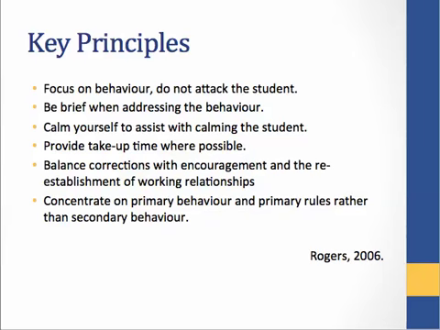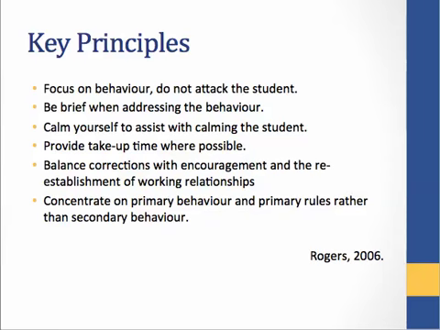We'll look at this strategy in a minute, but it essentially is providing students time to respond to your directional cue. We need to balance corrections with encouragement, and we need to be thinking about re-establishing working relationships. So after we've corrected a student, we need to find an opportunity to encourage them and re-establish a working relationship.